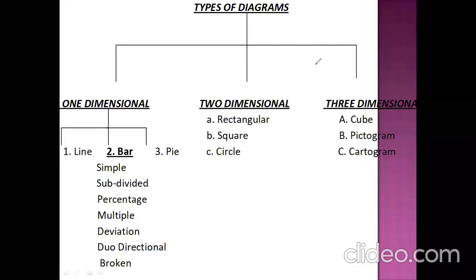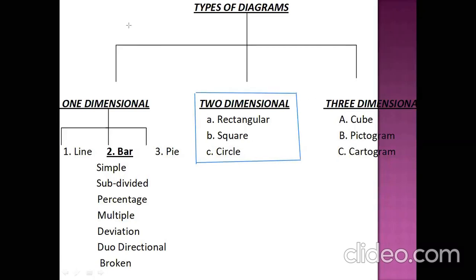So in today's class, in today's module, we came to know about 2-dimensional diagrams. In 2-dimensional diagrams, we came to know that both length and width will be taken into consideration. In 2-dimensional diagrams, we have seen rectangle diagram, square diagram, and circle diagram.